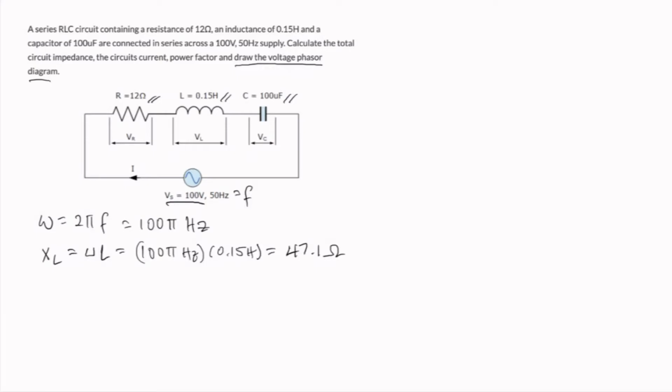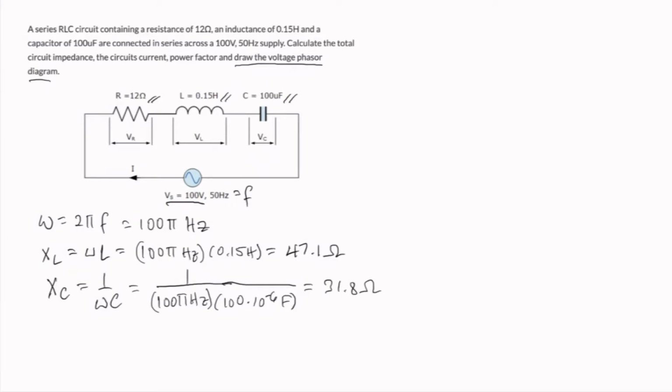The next is the capacitive reactance, which is equal to 1 over omega C. So plugging in the known values of 100 pi hertz for the angular frequency, and 100 times 10 to the minus 6 farad, we get 31.8 ohms.